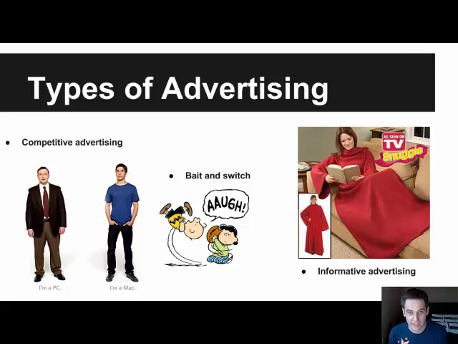It's just telling you about the product and hoping that you'll want to buy it. They're not trying to bash anyone else or say buy us instead of someone else. They're saying there's no one like us. This is the only one of its kind. Buy this. This is why.